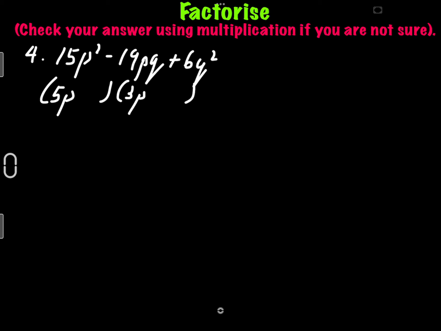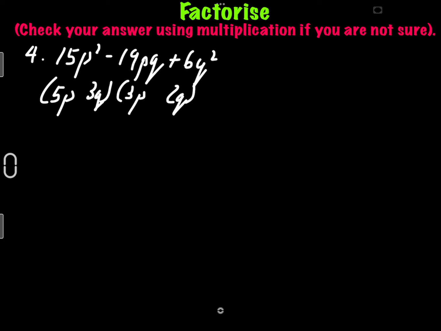Okay, now we look at the factors of 6 in this case. The factors of 6 are 3 and 2. And then notice this is 3q and 2q.